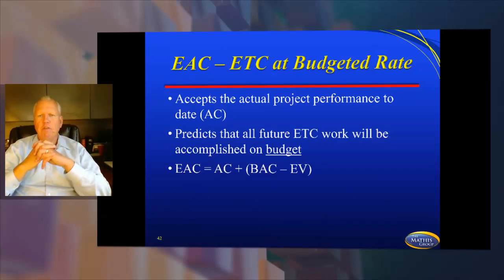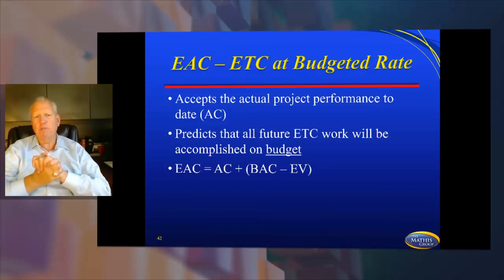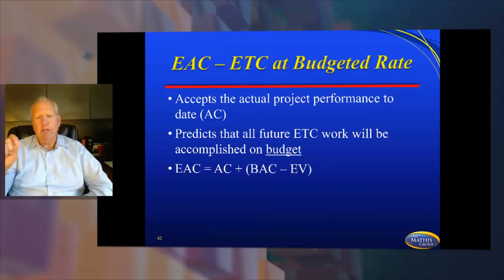Now this is EAC based on budgeted rate. So I want you to circle the word budgeted there because that word will be in the test question. It accepts the actual project performance to date and predicts that all future project performance, or ETC, will be accomplished on budget. So I want you to write down bad to good, but this isn't horrible to good. This is a hiccup.